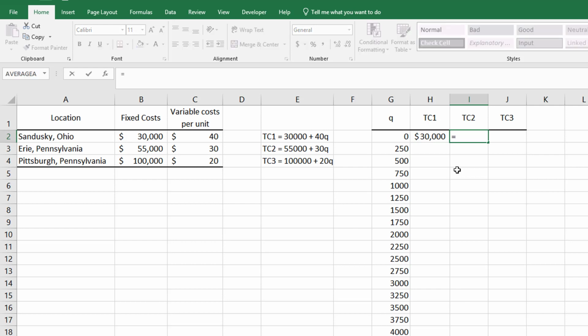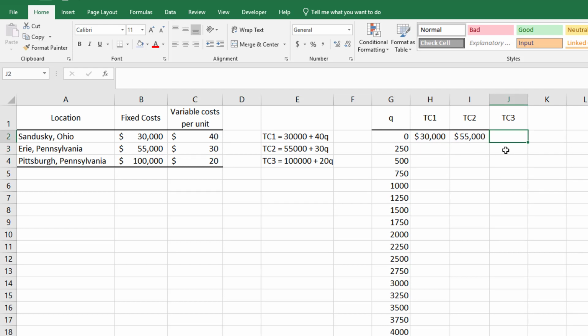Okay, let's set up the same thing for Erie, Pennsylvania. I have a fixed cost of 55,000, and a variable cost per unit of 30 times the number of units. And again, I expect when I push return that this will come out to 55,000.